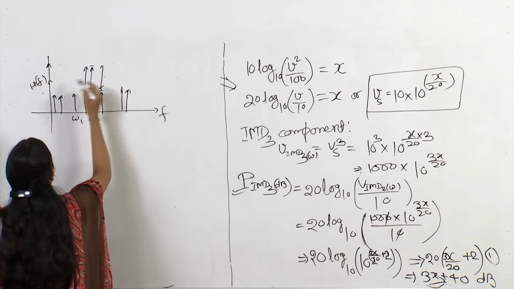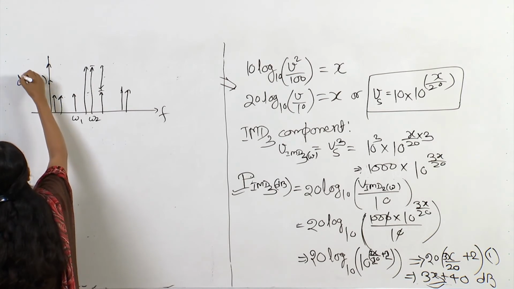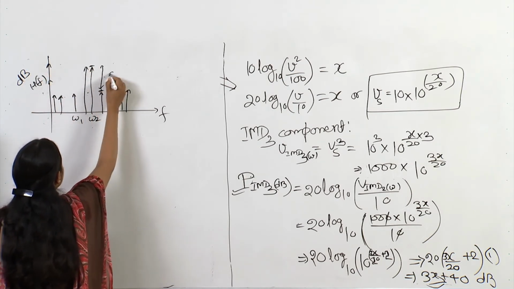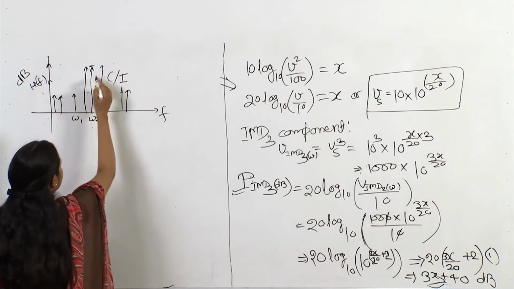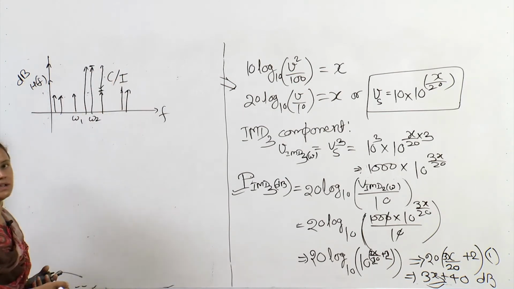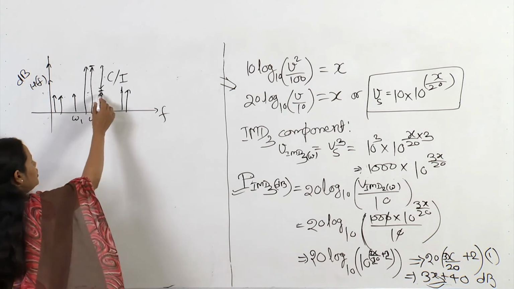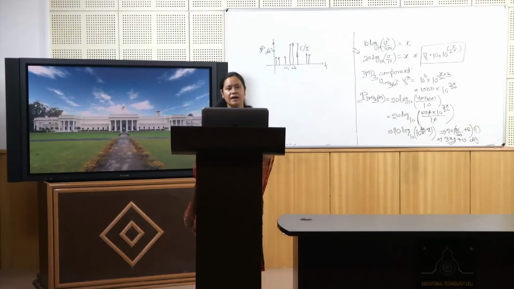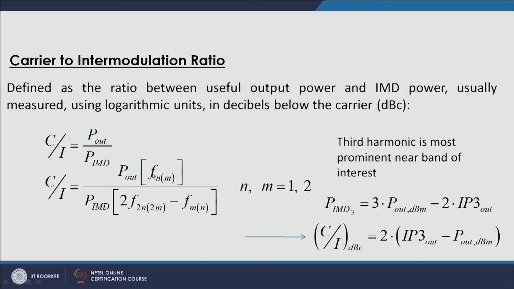What we do is calculate this in dB, and the difference between these power levels is called C by I, the difference between the actual carrier signal and your intermodulation product. Normally it is third order intermod, as we discussed before, because it is more prominent, so we can calculate it for this case particularly.